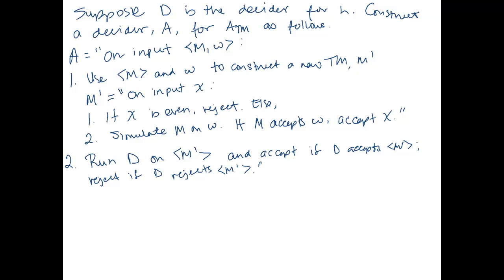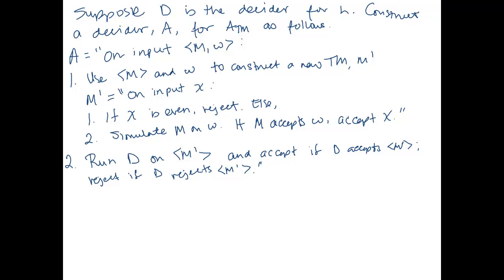First, let's make sure that A is a decider. Given a machine description M along with a string W, we construct the machine M prime, and then we run a decider D for L. Since D is a decider, on every input it's either going to halt and accept or halt and reject.